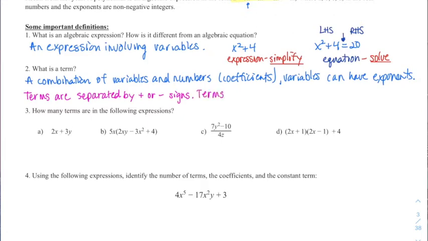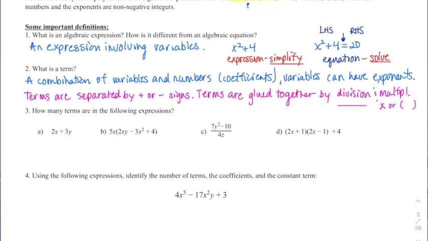Terms are glued together by division and multiplication. So the reason I didn't draw the signs is because division looks like this, right? It's a quotient, whereas multiplication can be a multiplication sign or it can be actually brackets.